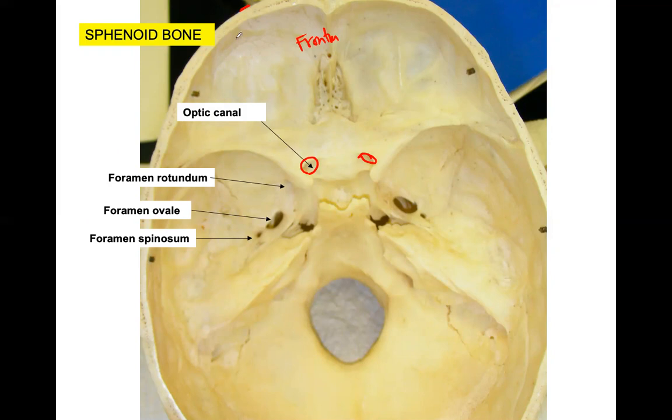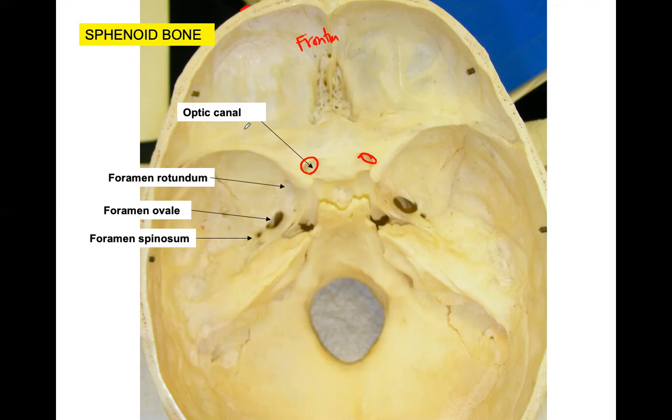And then they send that data back into your brain for processing. The nerve that actually collects the data is called the optic nerve. For it to go from the eye into the skull, it needs to pass through an opening, and this opening is right here, called the optic canal. So again, this is an opening where the optic nerve passes through.